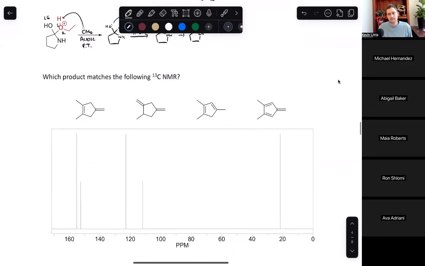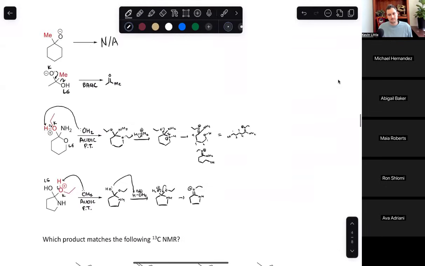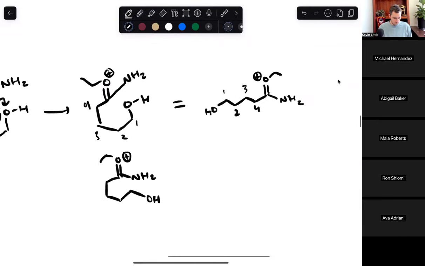Question: What's up? Quick question on the second to last one that we just did. I'm confused because nothing leaves. This alcohol leaves. But isn't that alcohol on the left? Yeah. It's no longer part of this carbon, so it left the carbon. Oh, okay.